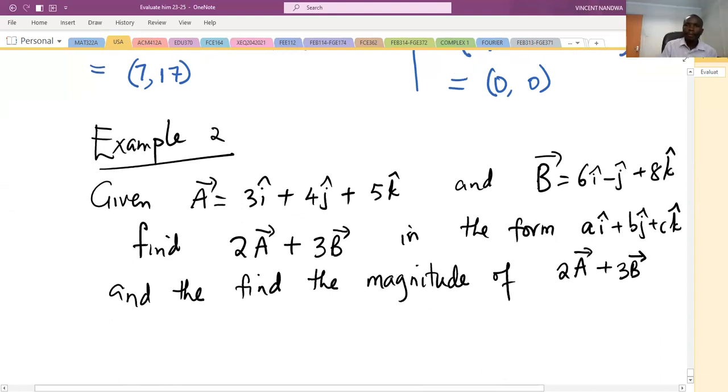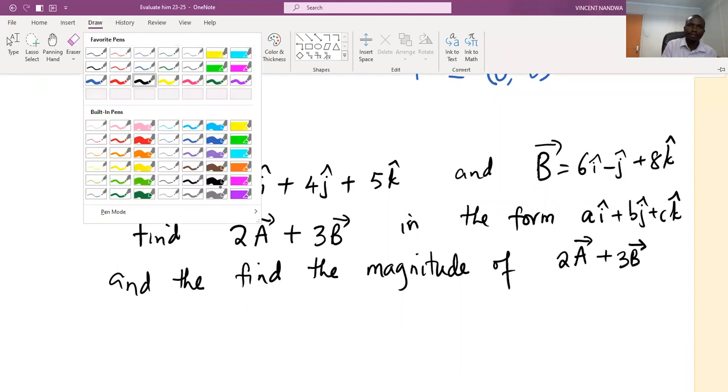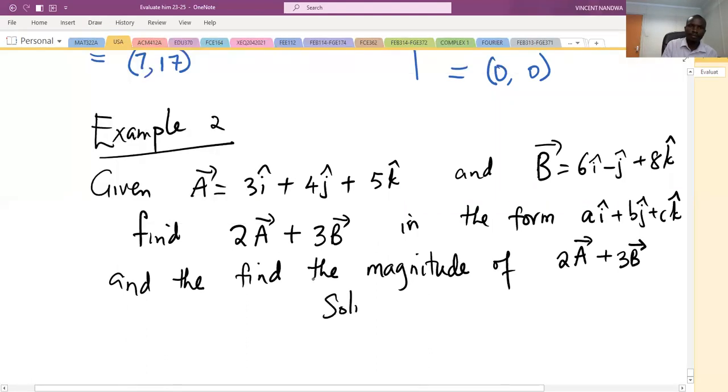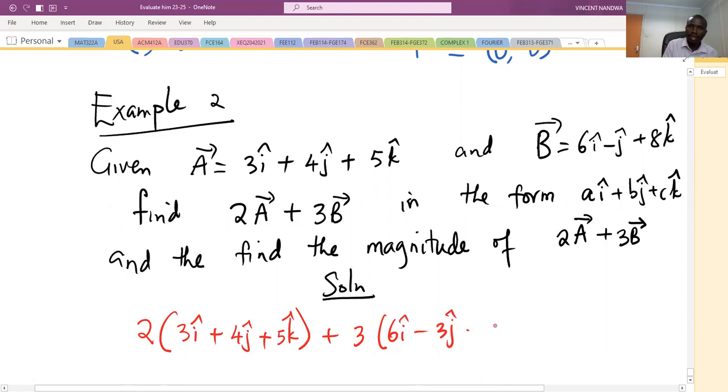So this is the problem. To solve this, first let's get 2a and 3b. So 2a will be 2 into (3i plus 4j plus 5k), and 3b will be 3 into (6i minus j plus 8k).